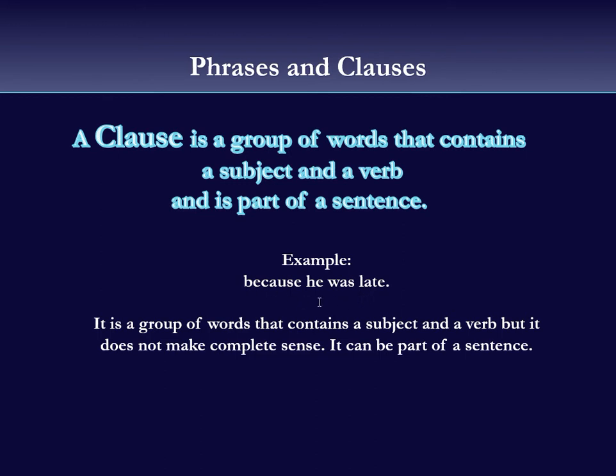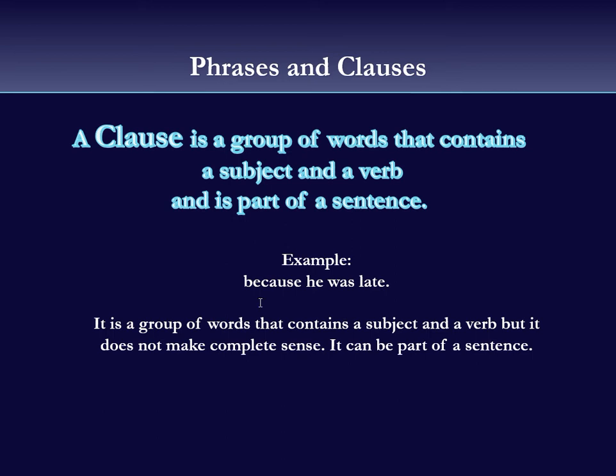Here, he is a subject, was is a verb. It is a group of words that contains a subject and a verb, but it does not make complete sense. It can be part of a sentence.